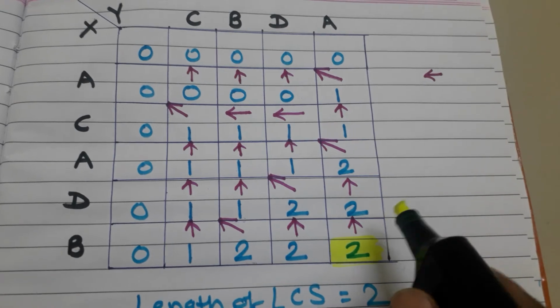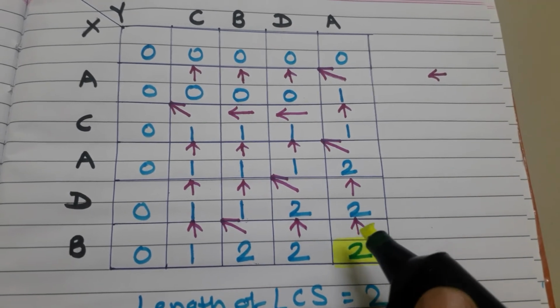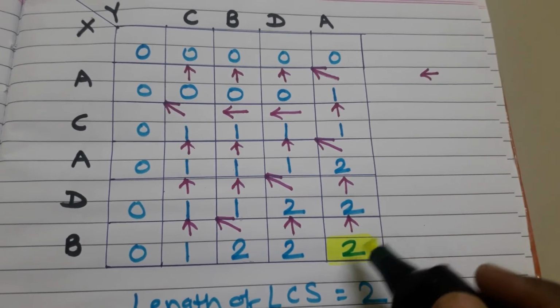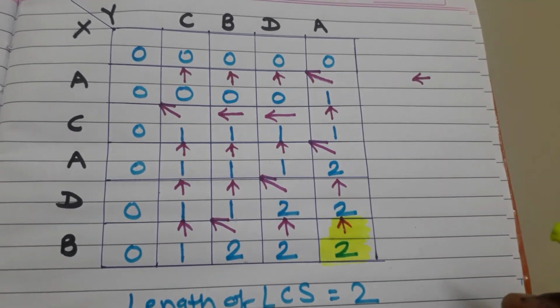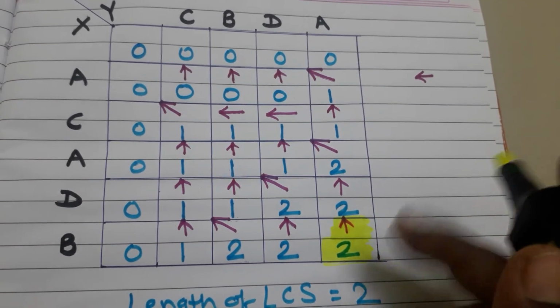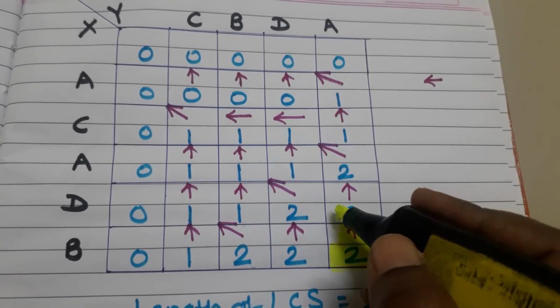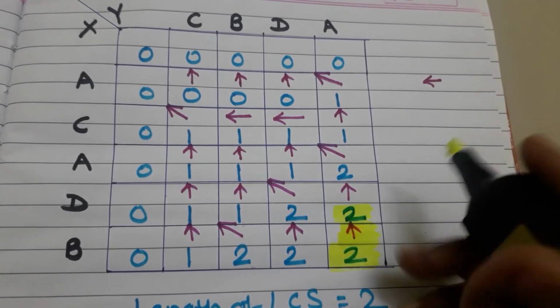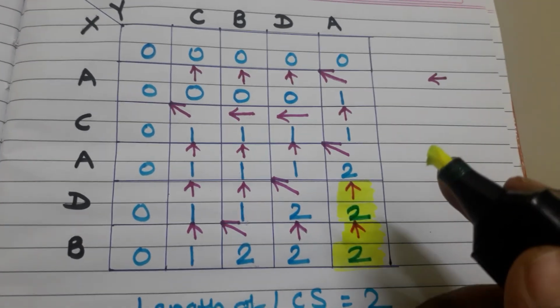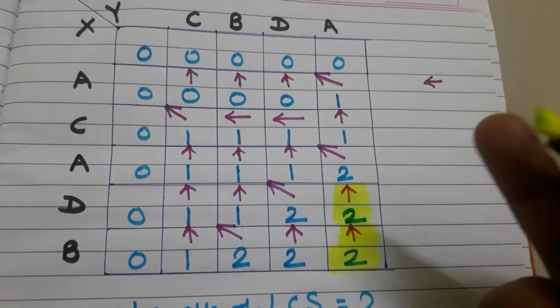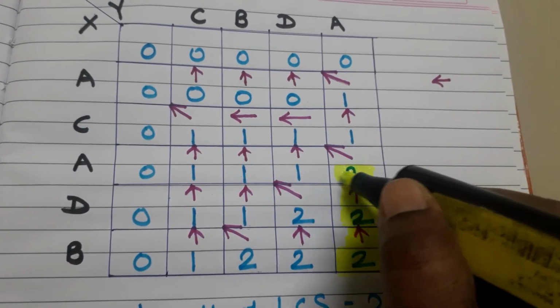As we said, the last row and last column consist of 2. Now its arrow will show where we have to go. Here the arrow is shown in the upward side, so we will go here. Again 2 is given and the arrow again shows the upward side, so we will come here.